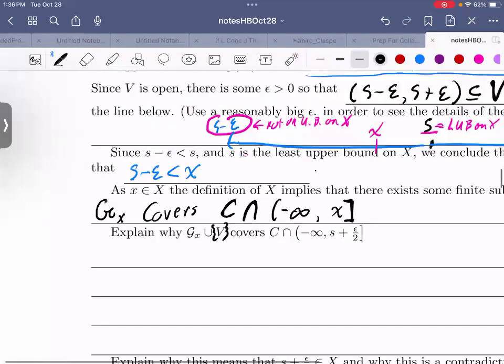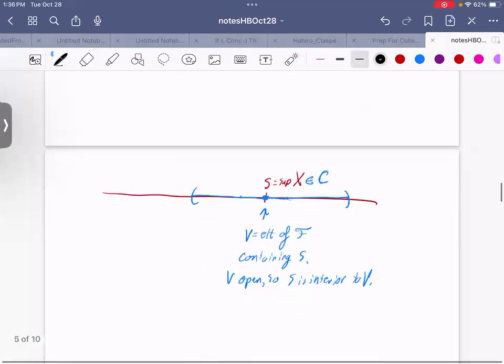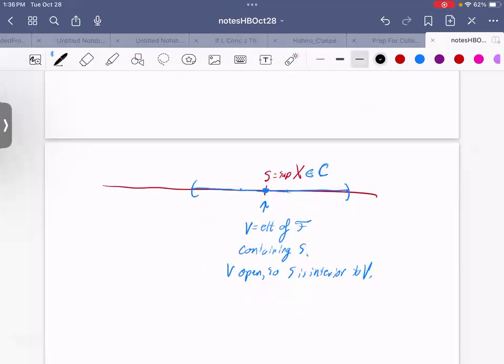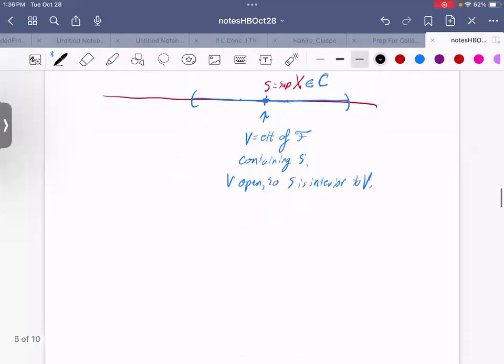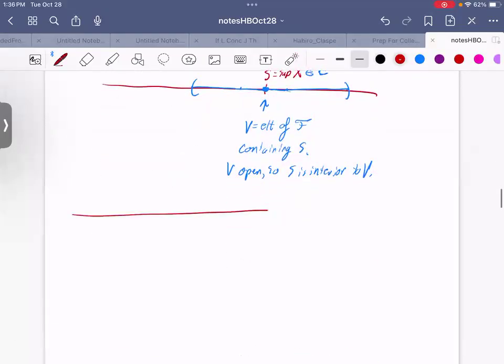So, pictorially, let's see what that means. There's space for a reasonable picture. Let's draw the picture here. So here's that same number line. There's S minus epsilon. There's S. There's S plus epsilon.